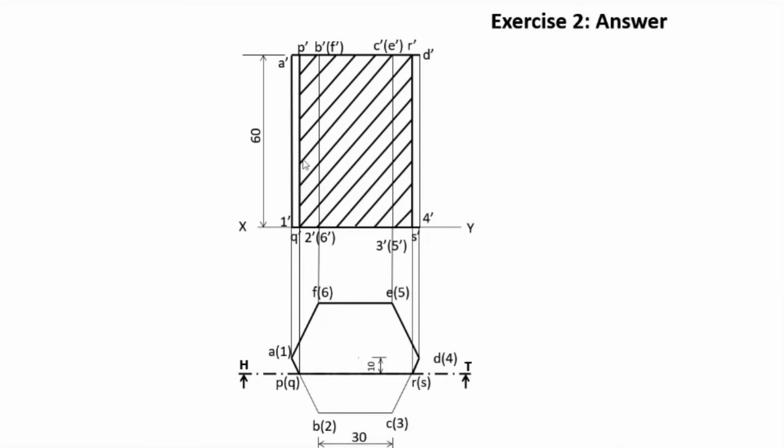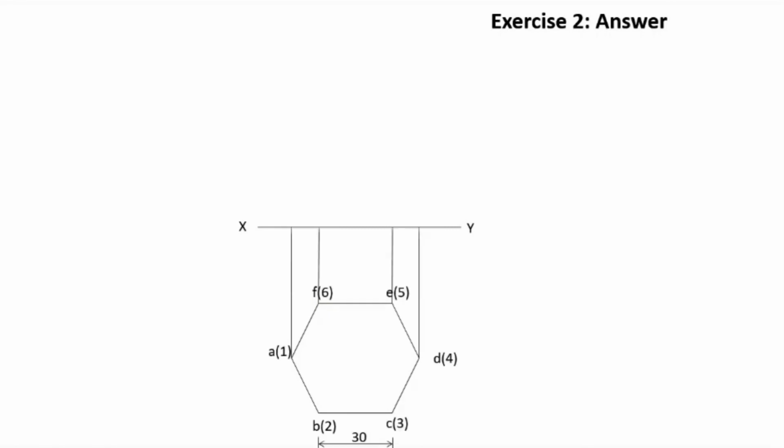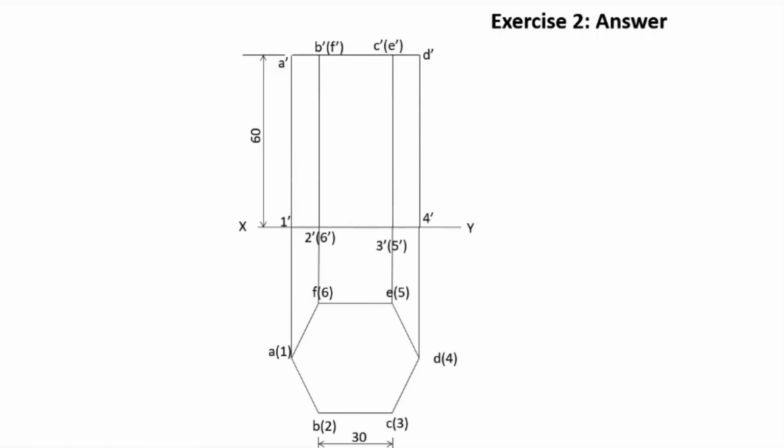I'll explain once more. You start with the XY line, then the hexagon such that two of the edges are parallel to the XY line. Then the front view of the hexagon. Then from the center of the hexagon, 10 mm below the center, you draw a horizontal line in the top view.